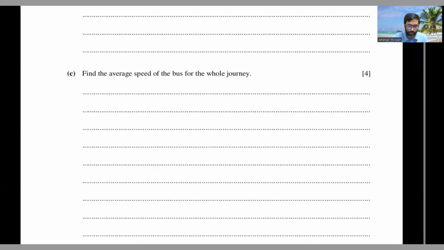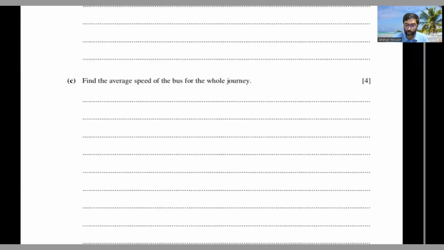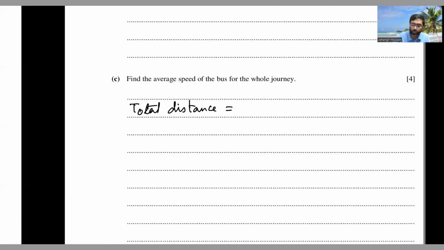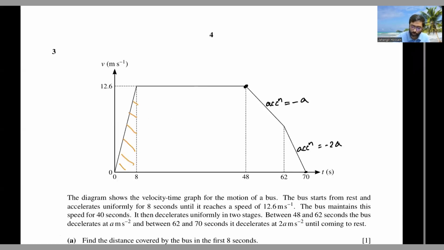Now, in part C, you have to find the average speed of the bus for the whole journey. To find the average speed, you need to find the total distance first. The total distance is equal to the area under the graph. We already know the distance traveled in the first 8 seconds. Then the second segment will be 12.6 into this time, that is 48 minus 8, because it's a rectangle.